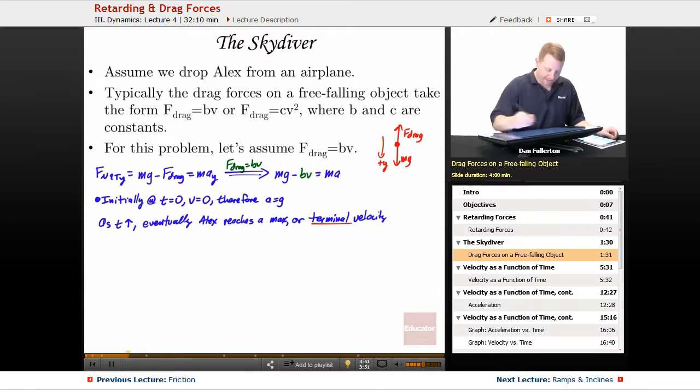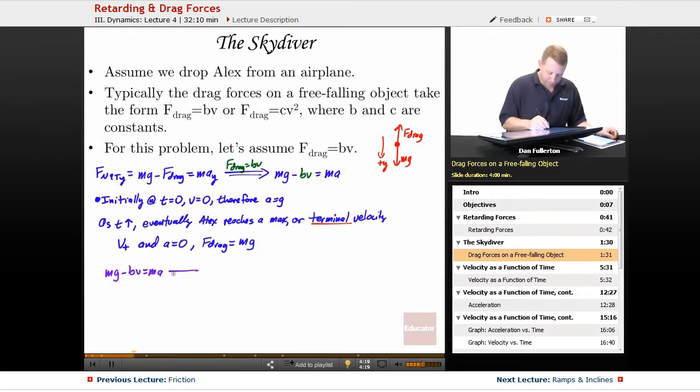We'll abbreviate that vt, and at that point, acceleration is equal to 0. So at that point, all the forces must be balanced if there's no acceleration, so the drag force must equal mg at that point.